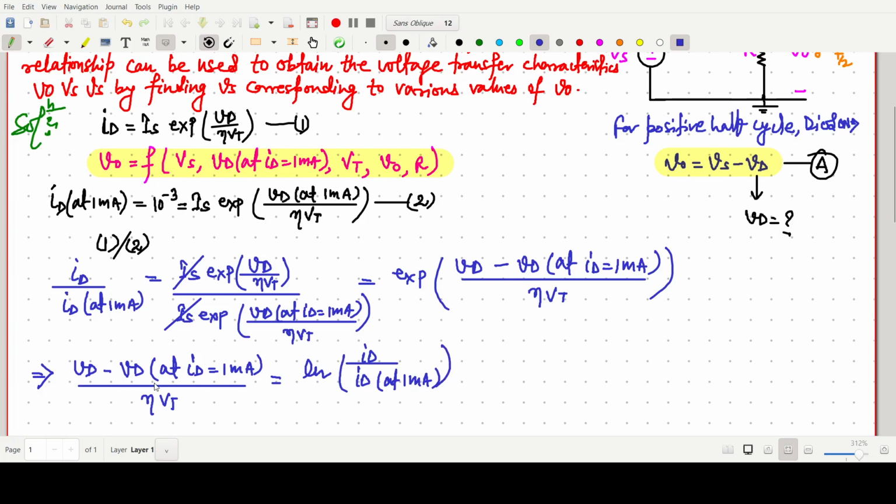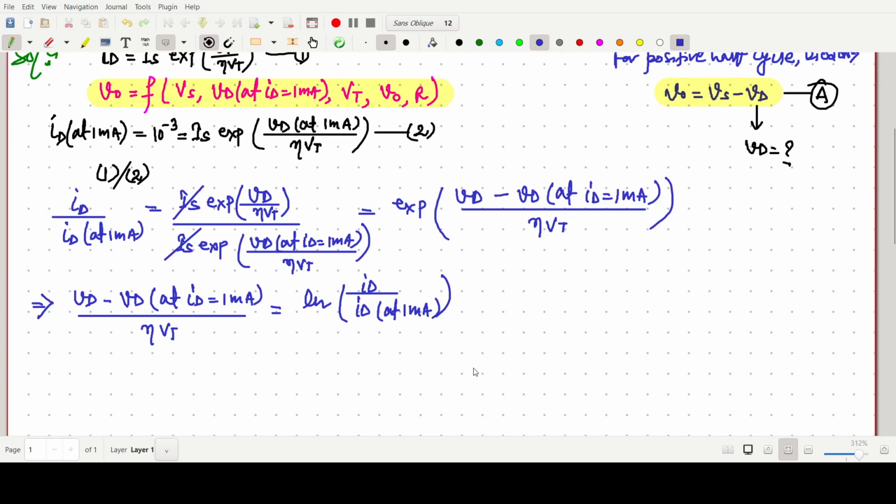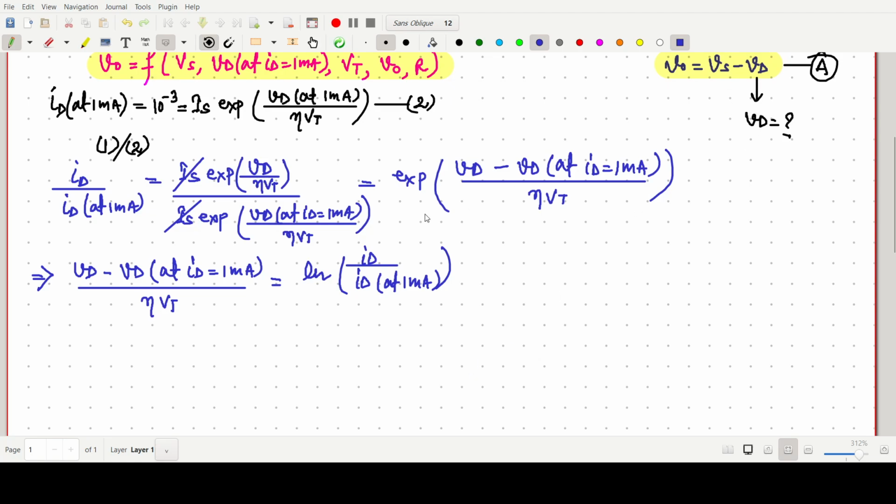Okay. So now, after that, one more line I am going to write, because we have to find the first Vd value. So I am writing Vd directly.